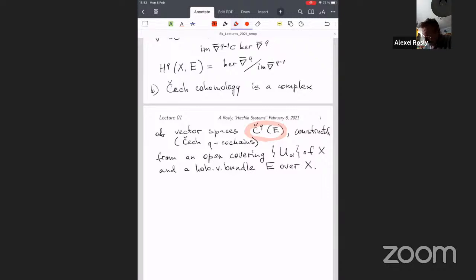Then I will mention how the whole thing depends on the covering later.